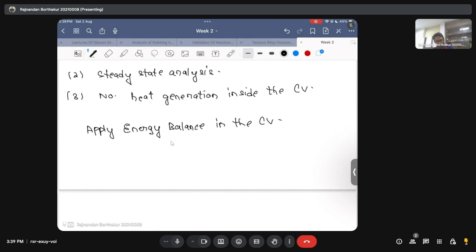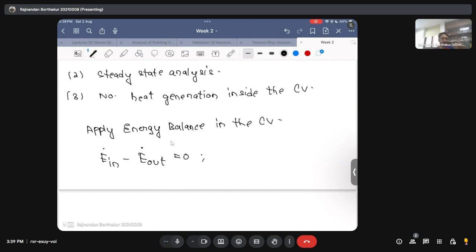So you can show that if you apply energy balance inside the control volume, you will eventually get E dot in, the energy that is coming inside the control volume, minus E dot out, the energy that is going out from the control volume, equal to 0.